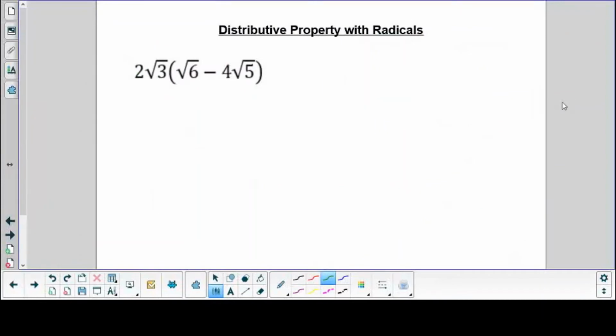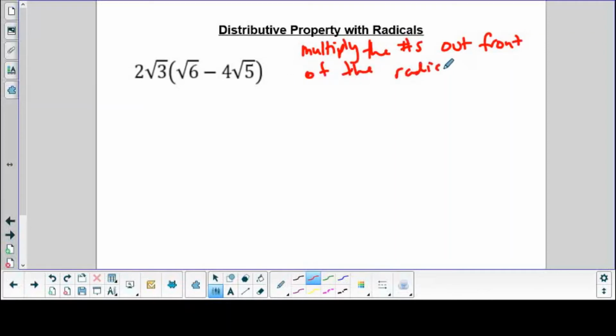The next part of your assignment has to do with the distributive property of radicals. When multiplying radicals, or using this distributive property with radicals, the first step is to multiply the numbers out front of the radical together.